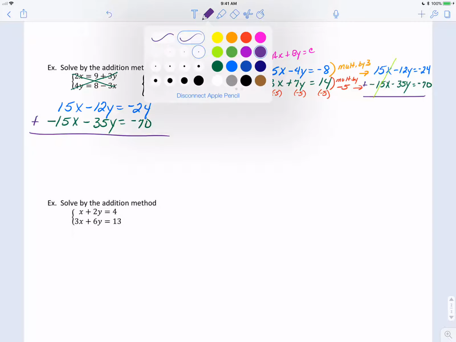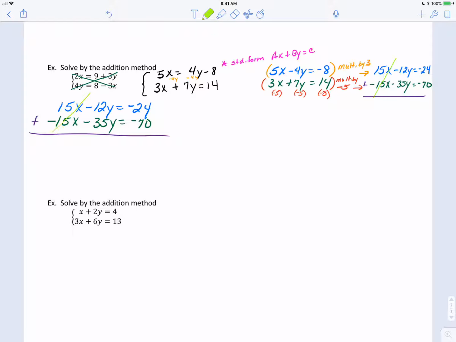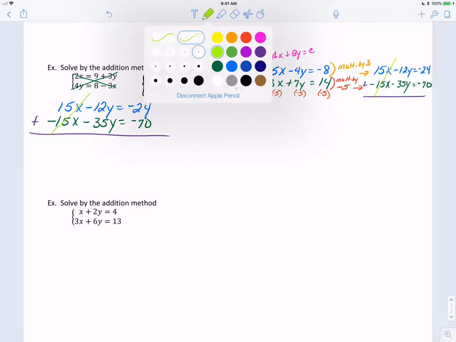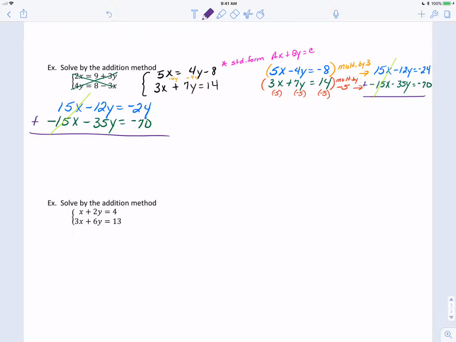Okay, so notice now when we add these together, that's 0. And then we have a negative 12 and a negative 35. So that gives us negative 47y's. And that's equal to the negative 24 plus a negative 70 is negative 94.